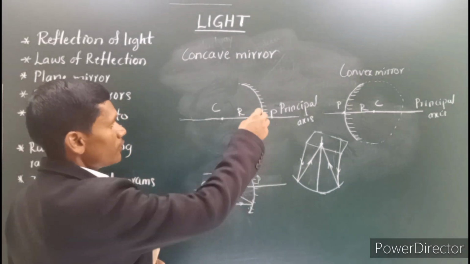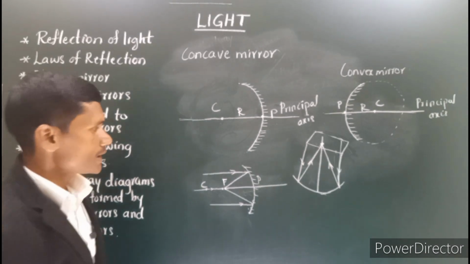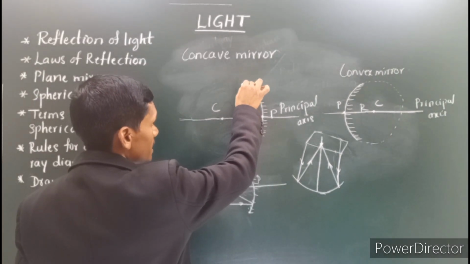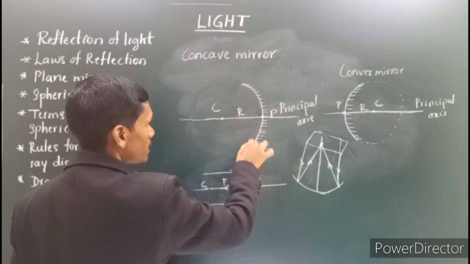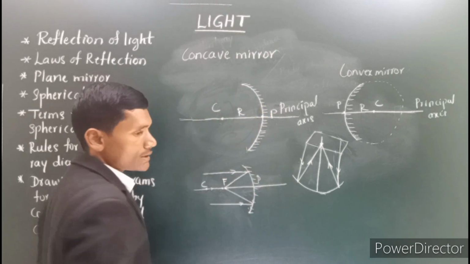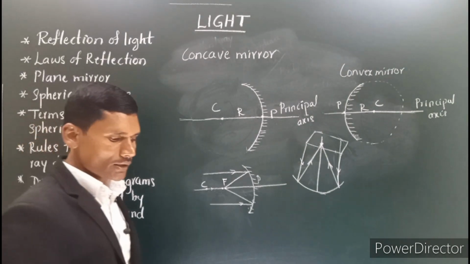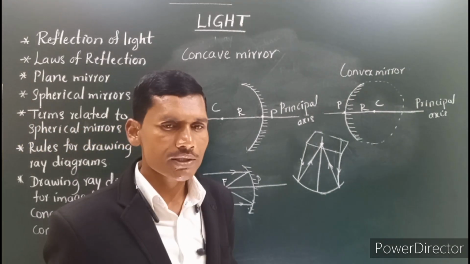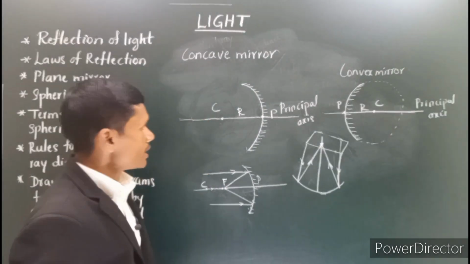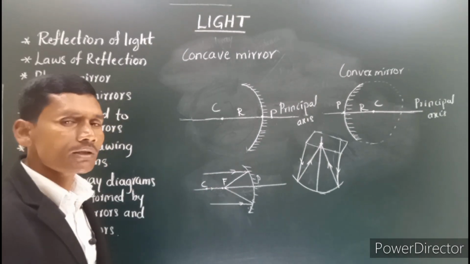Now, if you take here, we are considering this concave mirror, the diameter from one end to the other end of this mirror. This diameter we call the aperture of the mirror. We are considering mirrors of small aperture as compared to the radius of curvature. Only such mirrors we are considering. When we consider such mirrors, there is one rule.